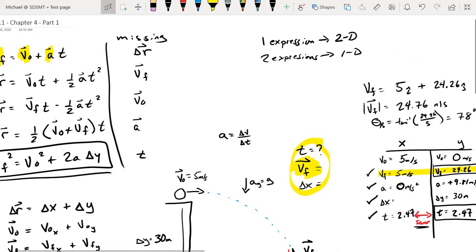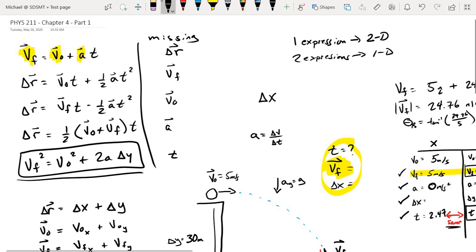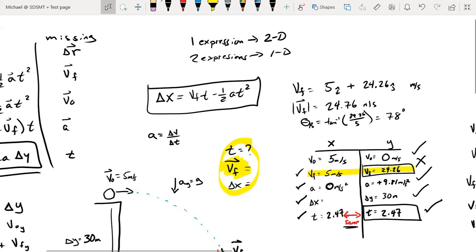And that equation, move over a little bit. That equation says that delta x, remember we're working just in the x direction now, is already set up to be solved for x, so I don't need to rearrange anything. I can just plug my values in from the x column.